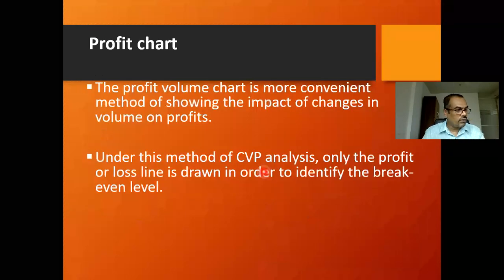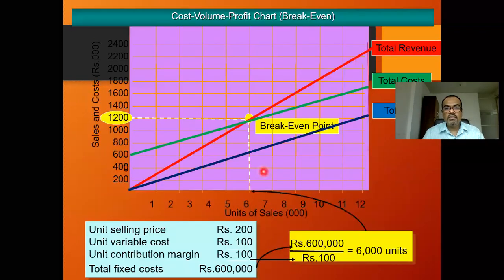Now we will move on to the profit chart. In the profit chart, the same axes are seen: the units, that is the volume, and cost and revenue. Instead of drawing the cost line and all those things, we draw only the profit line.